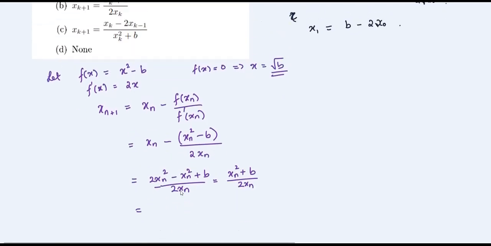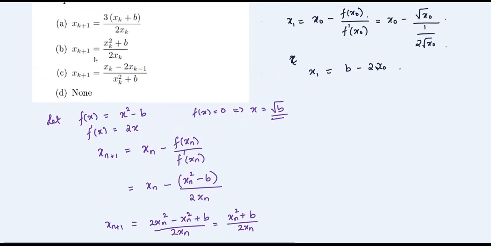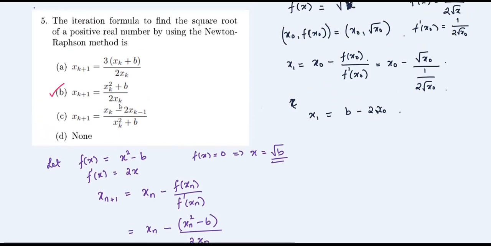Now, look at this iteration step. x(n+1) is xn square plus b by 2xn. So this is our solution. This is the iterative step for Newton-Raphson's method.